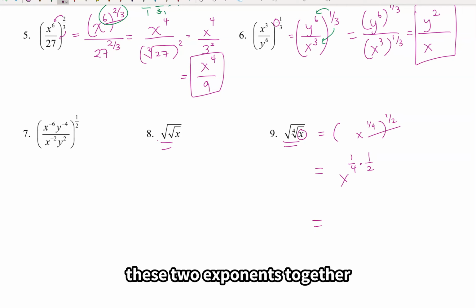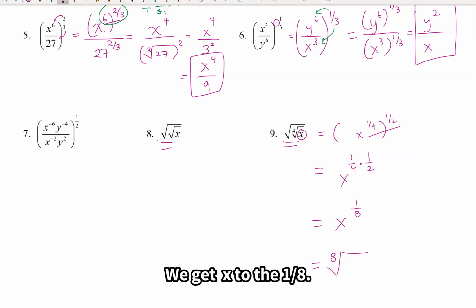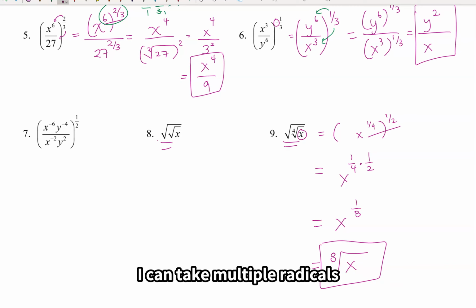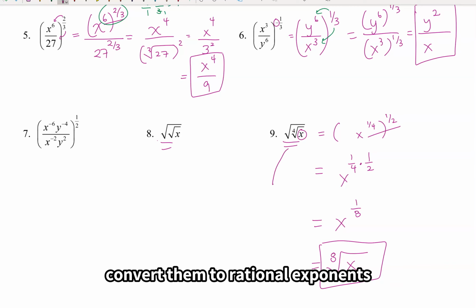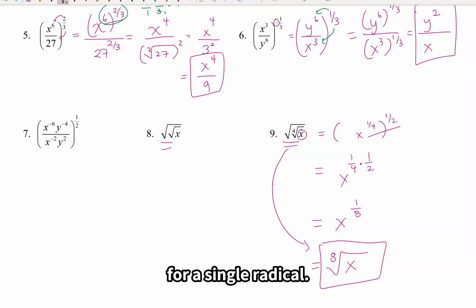And when I multiply these two exponents together, x to the 1/4 times x to the 1/2, we get x to the 1/8, which is equivalent to the 8th root of x. I can take multiple radicals, convert them to rational exponents in order to find the appropriate index for a single radical.